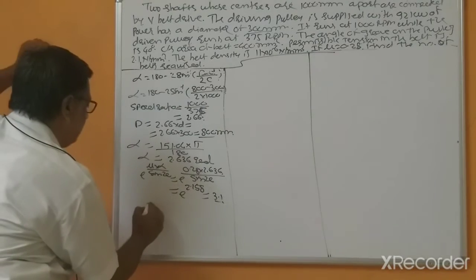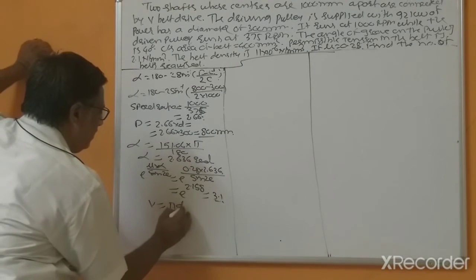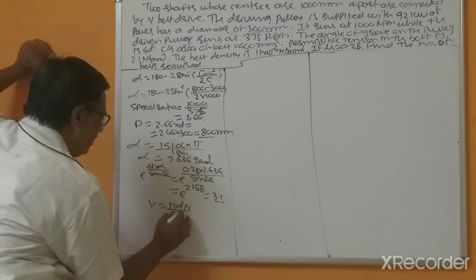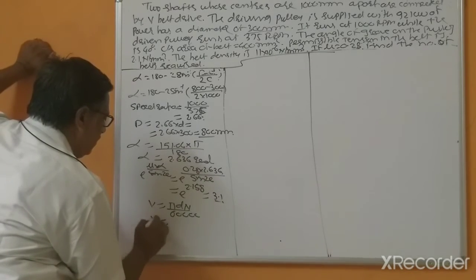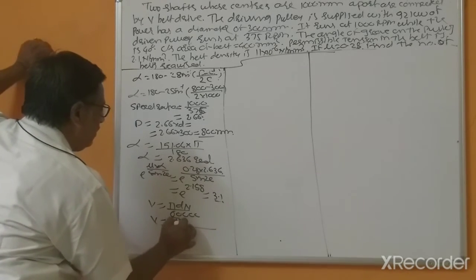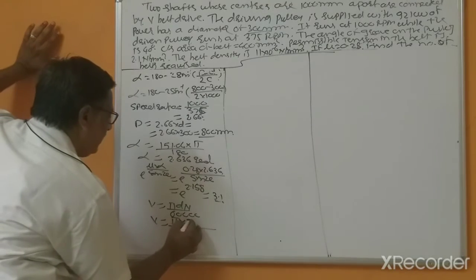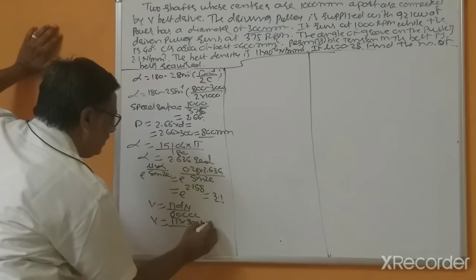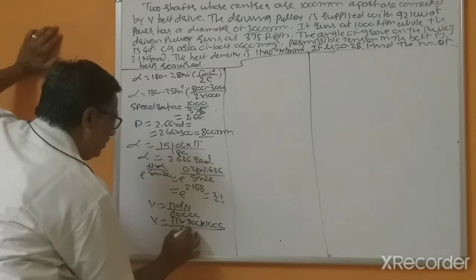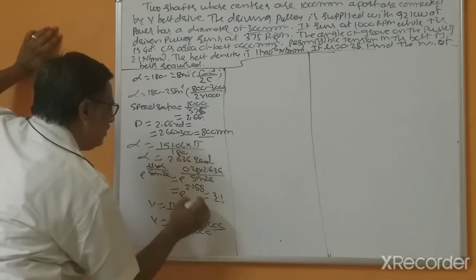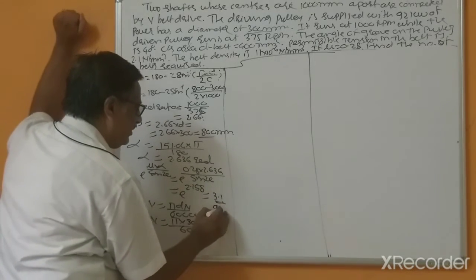v equal to pi into d into n divided by 60,000. V equal to pi multiplied by the diameter of the smaller pulley 300 and rpm 1000, divided by 60,000.